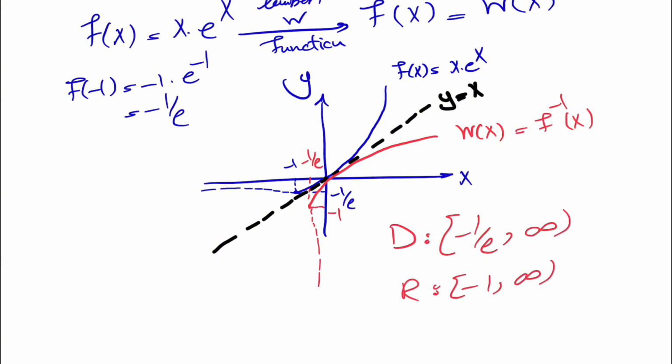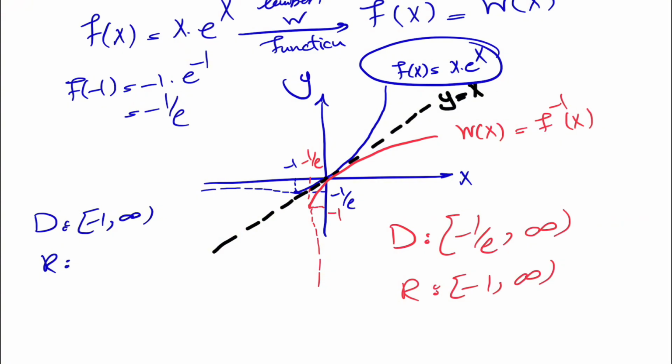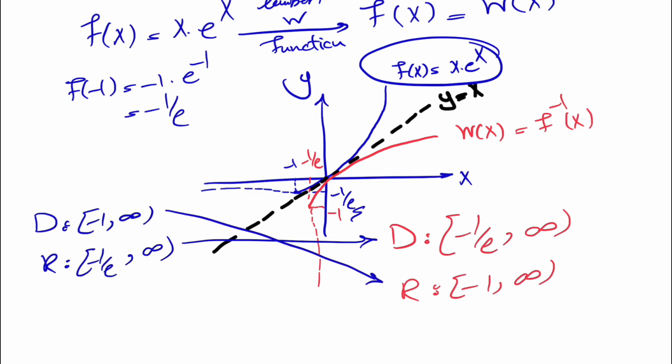And if you want to show the domain and the range for f of x, what I showed in blue in here, the domain would be from -1 to infinity, and the range would be, as we can see, from -1 over e to infinity. As we can see, the range of f of x is the domain of the Lambert W function or the inverse function, and the domain of f is the range.